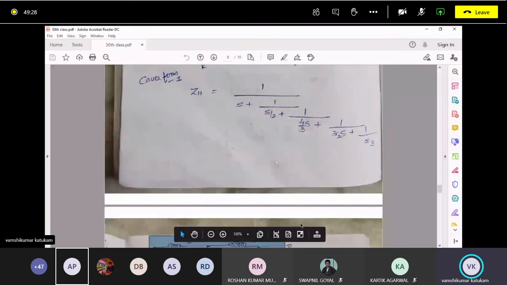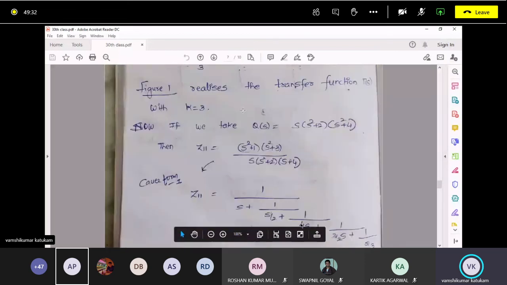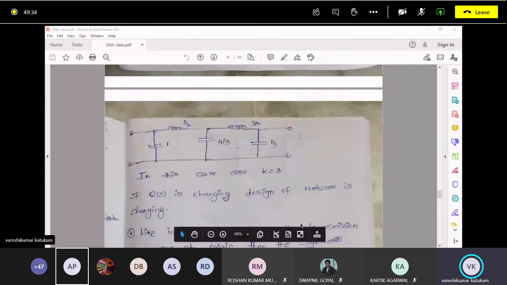If you change the Q(S), the design of the network is changing. That's what I was telling. So for capital Q(S), the design will have many constraints. That's why if you change Q(S), design values will change. Design constraints are dependent on applications, on what the requirement is and what purpose it is used for.